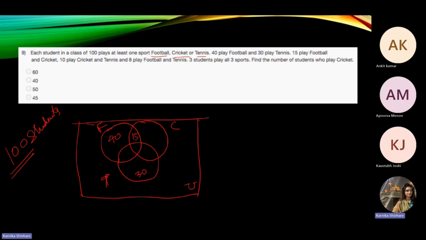Then 10 play cricket and tennis, this is 10. Then 8 play football and tennis. 3 students play all 3 sports. Find the number of students who play cricket.